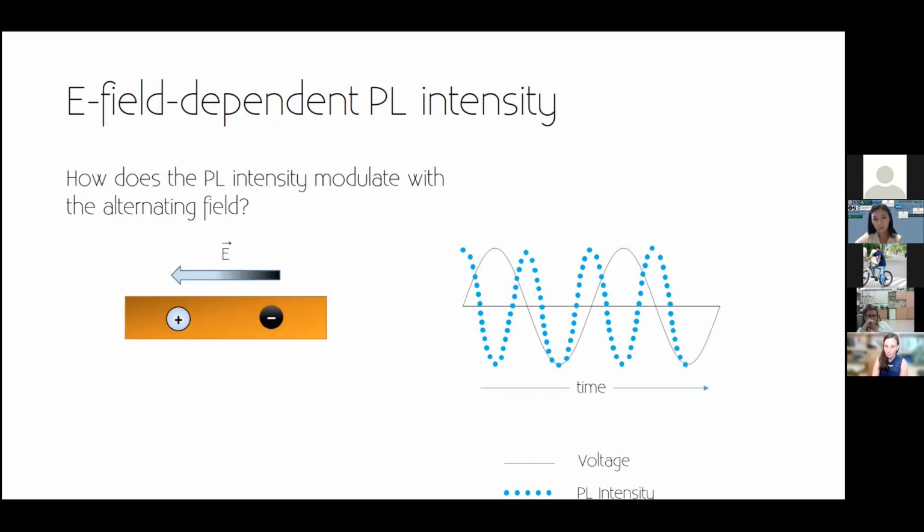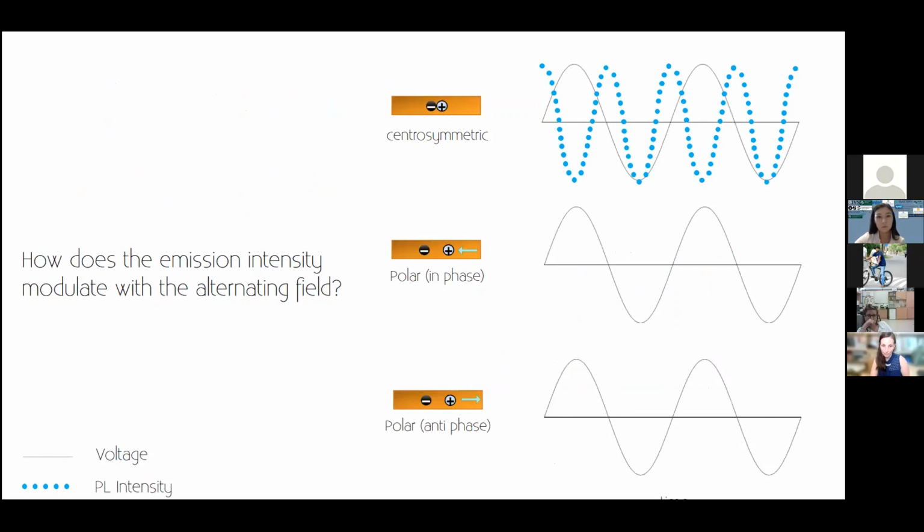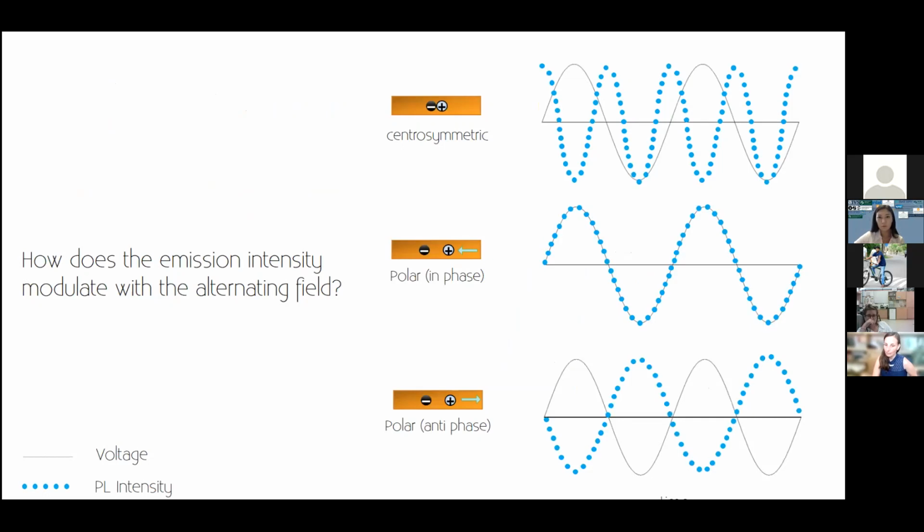And this way we obtain an intensity of the photoluminescence that is at double the frequency of the oscillating electric field. To compare, a polar material will have an internal dipole to begin with. So according to the alignment with the external electric field, we'll have either further separation or further recombination, and we can get an in-phase or an anti-phase interaction.